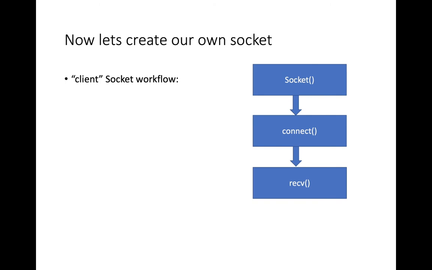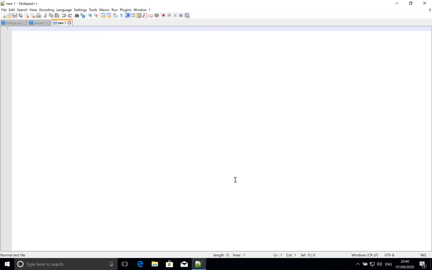We need to create a socket, and then send a connection request to the server. Once the connection request is received by the server, the server should send its own data, and the client should be able to receive the data coming from the server. So let's do this part now.